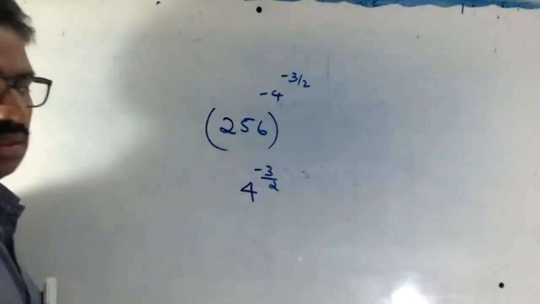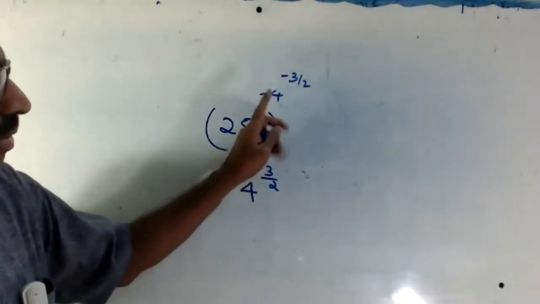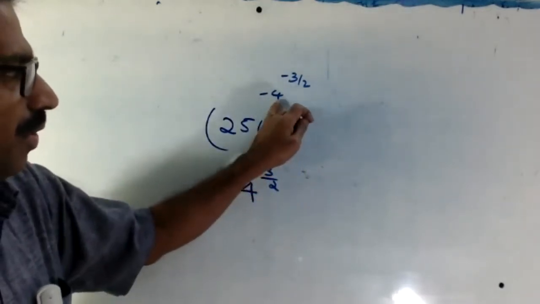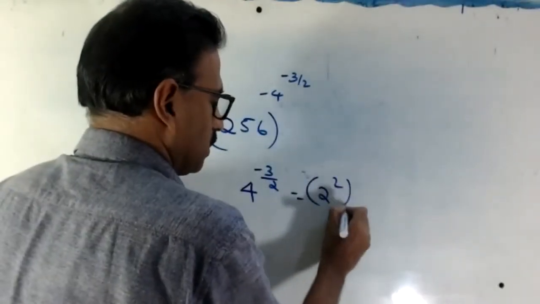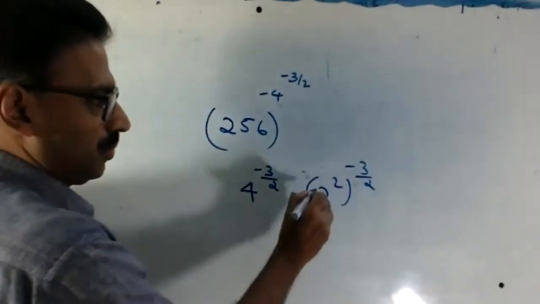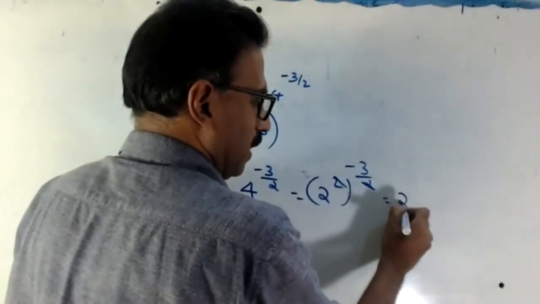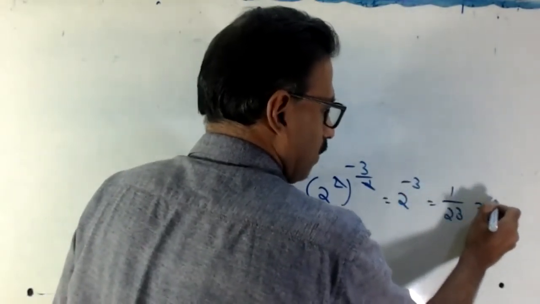Don't write, I'll give the space. You write 4 raised to minus 3 by 2. That is 2 square whole raised to minus 3 by 2. Then 2 cancel. 2 raised to minus 3. That is 1 by 2 cube equal to 1 by 8.